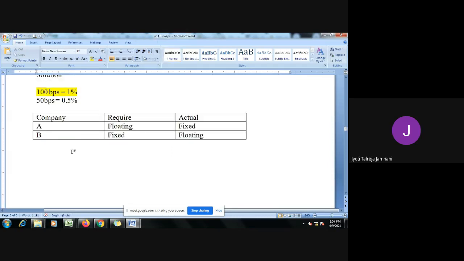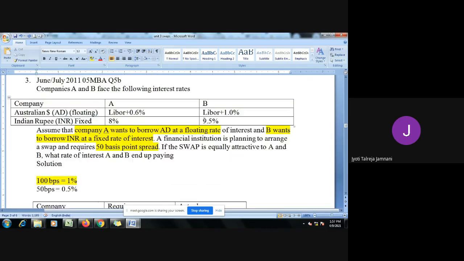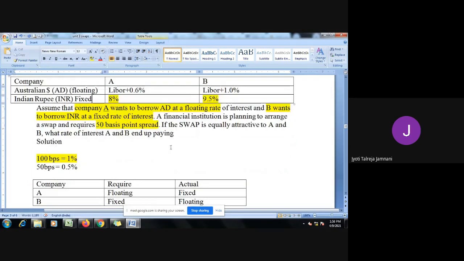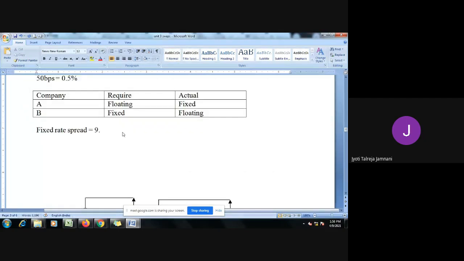Now let's find the spreads. First is the fixed rate spread. Fixed rate spread is equal to, these are the fixed rates, 9.5% and 8%. So we will do 9.5 minus 8. So you get 1.5. Then we'll find the floating rate spread.